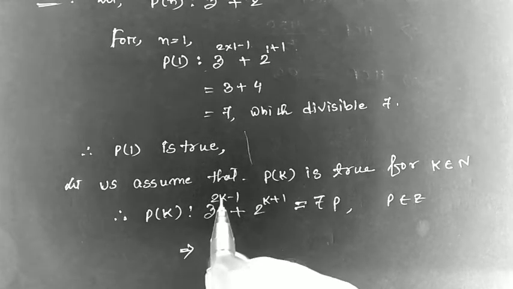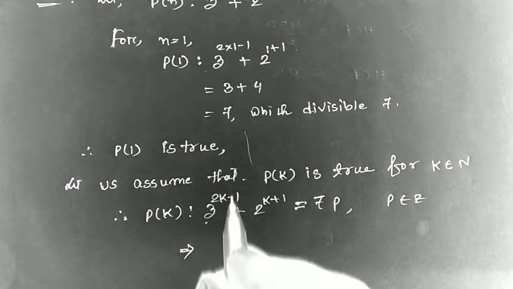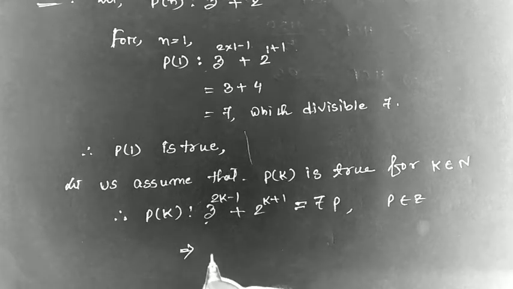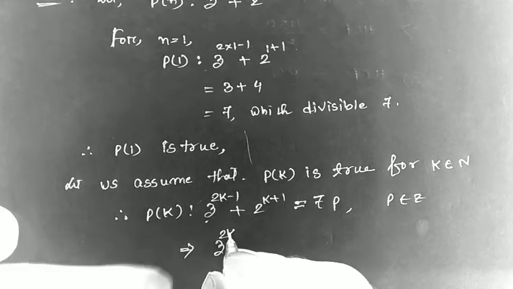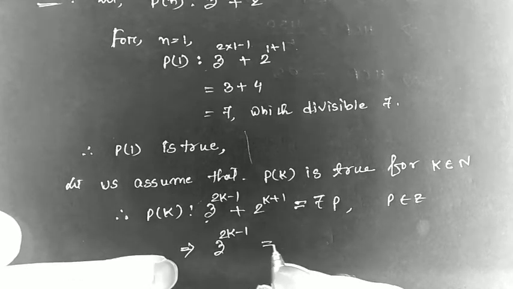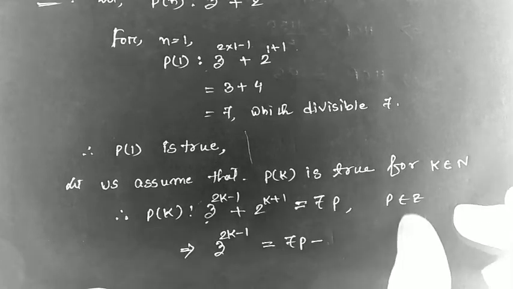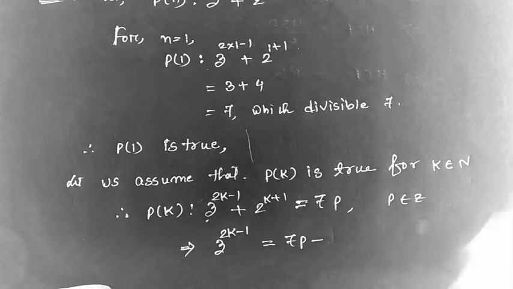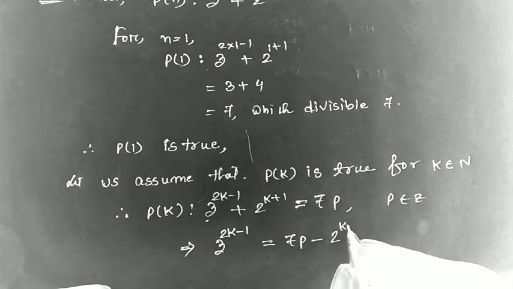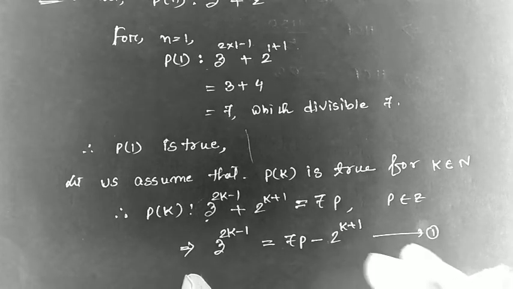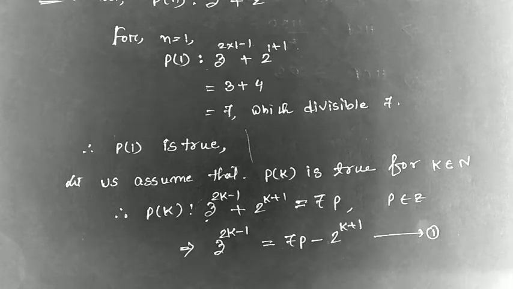Here you will keep this term on this side, and take all the other terms to the other side. So 3 to the power 2k minus 1 equals 7p minus 2 to the power k plus 1. So this is equation number 1. You have to do this in every sum of this type.